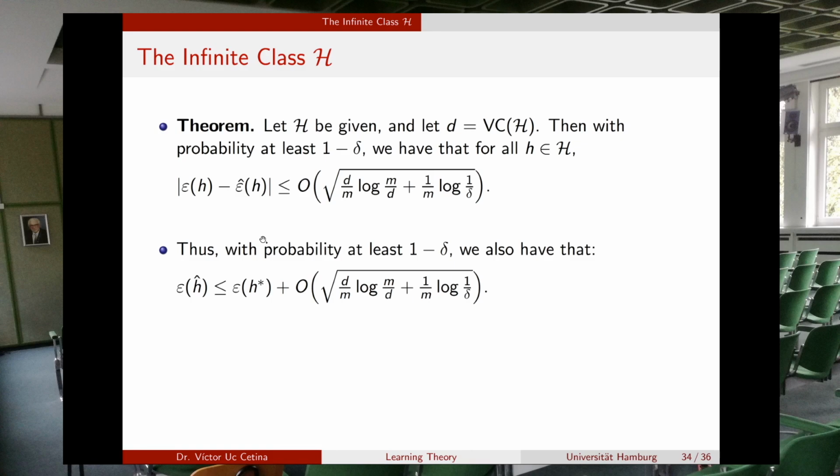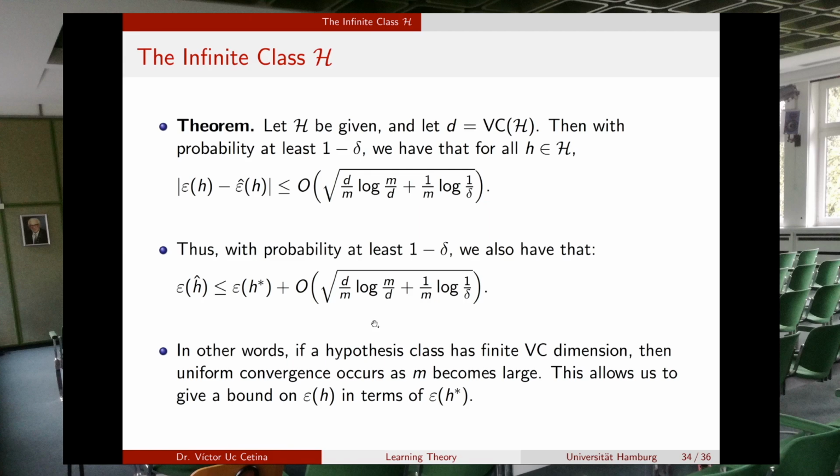With probability at least 1 minus delta, we also have that the generalization error of the best hypothesis in our training set will be bounded by the generalization error of the best hypothesis that we can ever find for this class H, plus this expression.